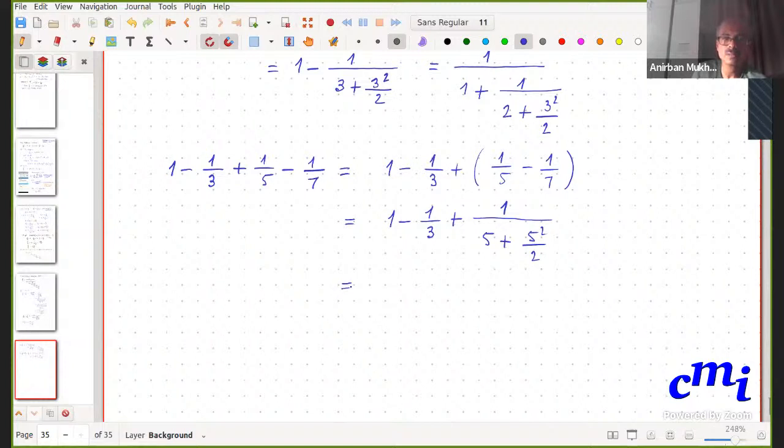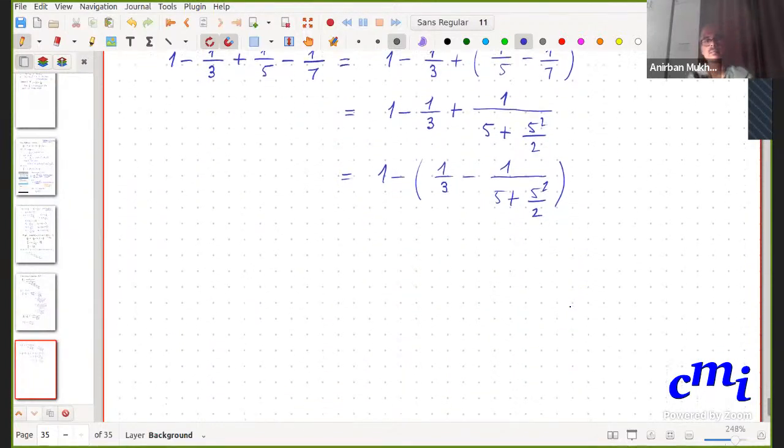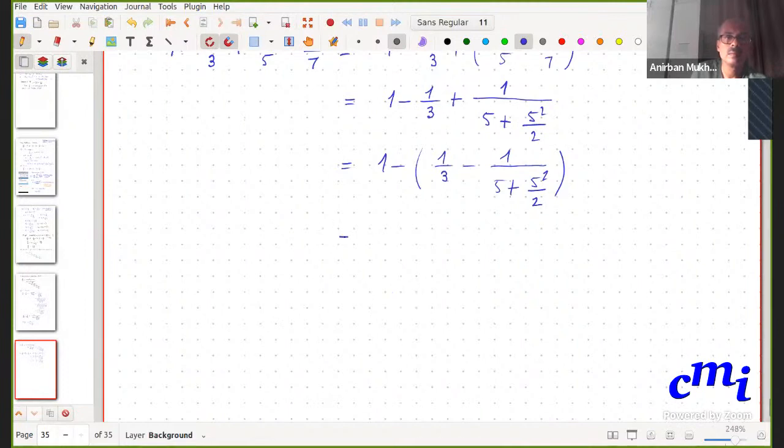And then use it for 1 minus 1 third minus 1 over 5 plus 5 square by 2. One minus 1 over same formula. So alpha 1, which is 3 plus 3 square by the difference.